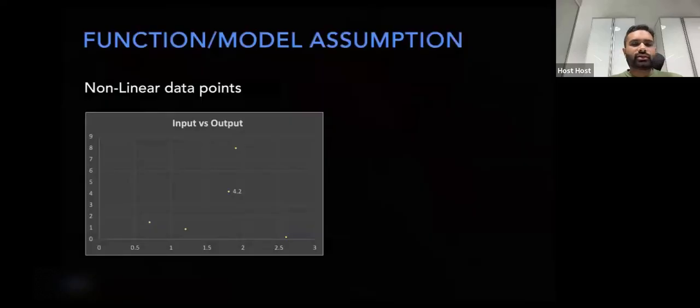The thing is, not all x and y, that means not all inputs and outputs in the given data, have a linear form. In this case, hopefully it's visible, I have demonstrated a few points using the orange color. I will slightly enlarge it. Now, if I ask you to learn some line which maps input to output, the input is on the x-axis and the output is on the y-axis.